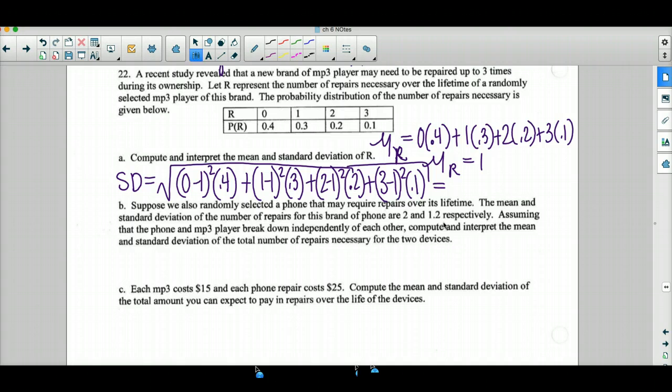But I am going to put it in my calculator. 0, 1, 2, 3, delete 2. And so my standard deviation is 1.